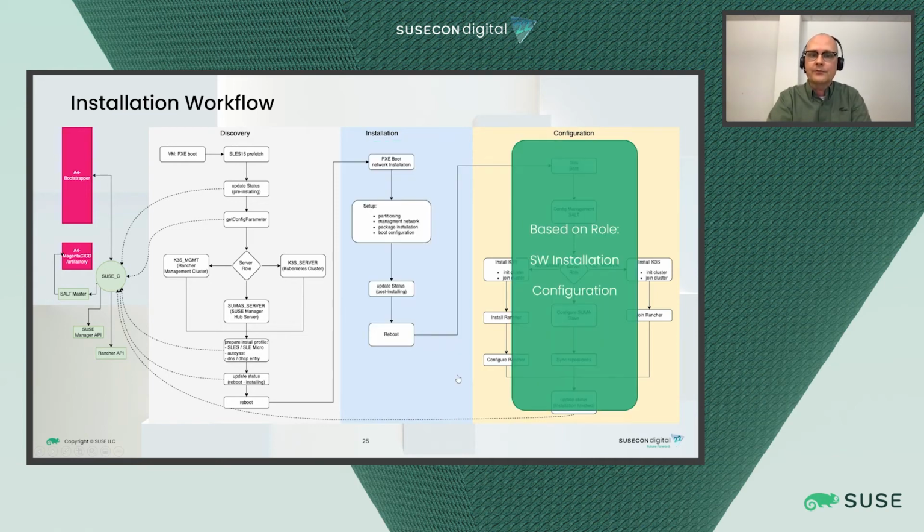And now it's the first time that the server will use its own disk to boot from. And now the Salt system is starting and will configure the machine. Based on the role, Salt states are created by the SUSE controller to make sure that the function is working for this node.